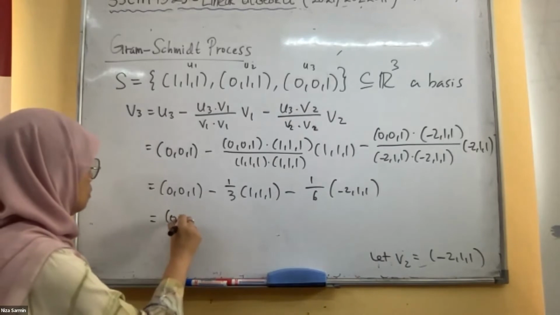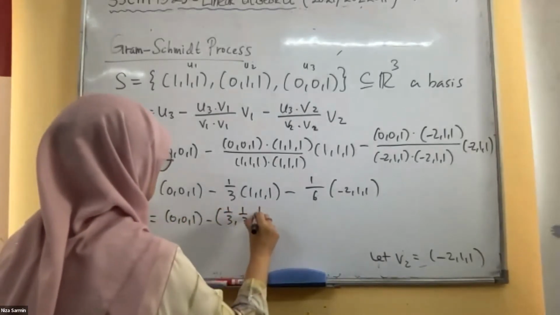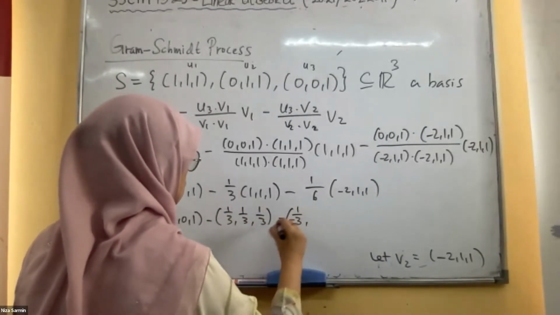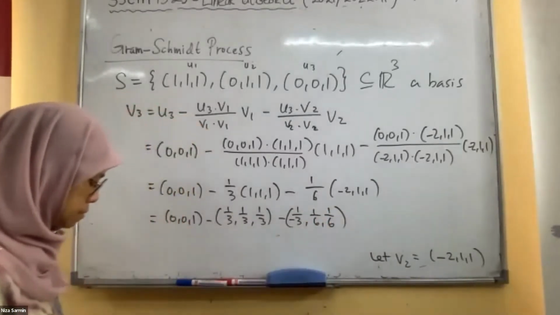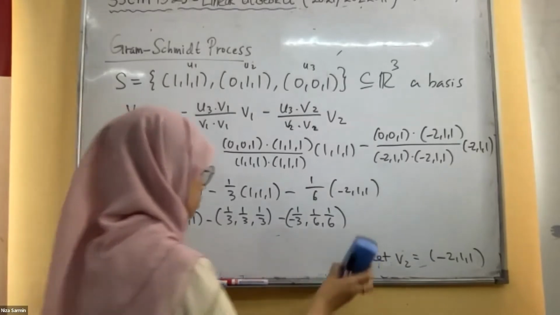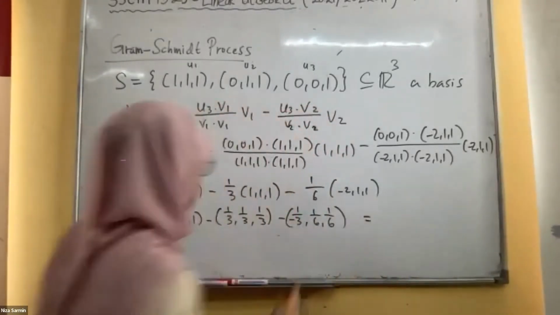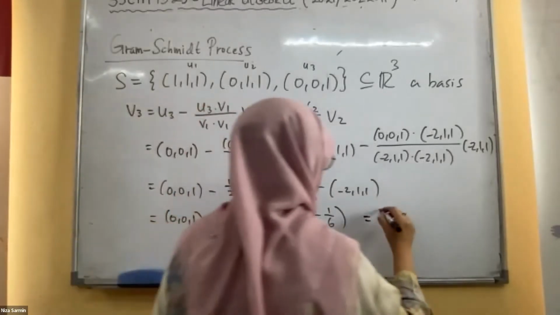So 0, 0, 1 minus 1/3, 1/3, 1/3 minus 1/6 of negative 2, 1, 1. And this is equal to 0 minus 1/3 plus 1/3, 0.